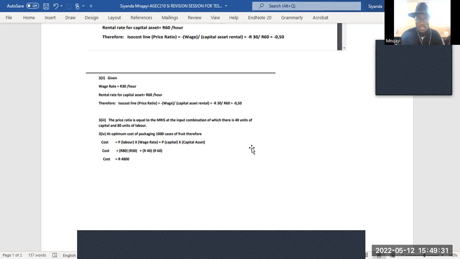Then you know the overall cost of our production, which is the fruit that has been packaged, in this case 1,000 cases of fruit, right? Then you have the least cost combination, which gives you 4,800 rands.